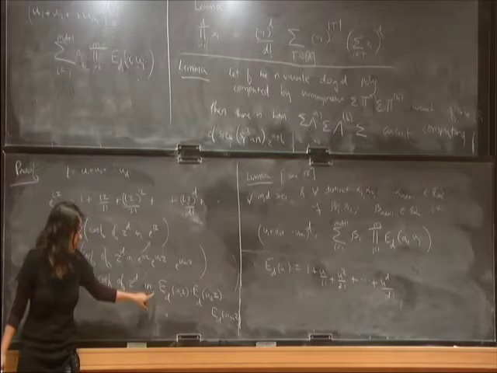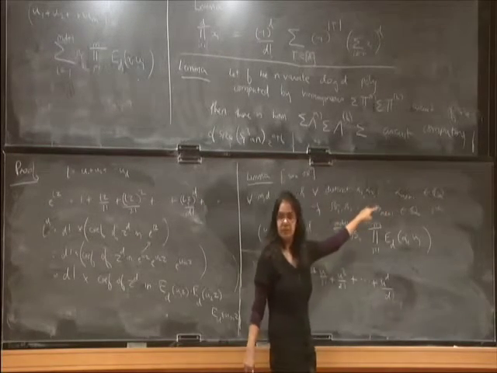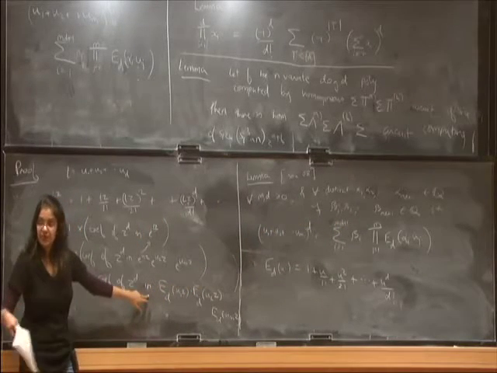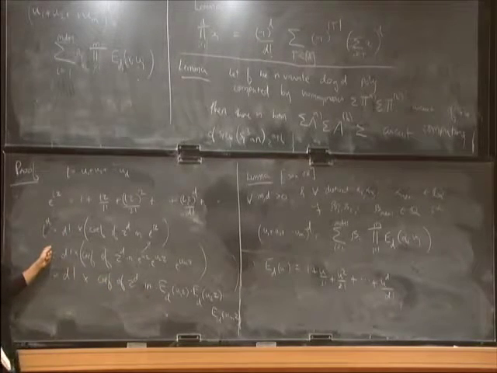The evaluations we will take are precisely these points alpha 1 through alpha m. So what we'll do is take this polynomial, evaluate it at alpha 1 through alpha m, take some linear combination, and that will give you L to the d.